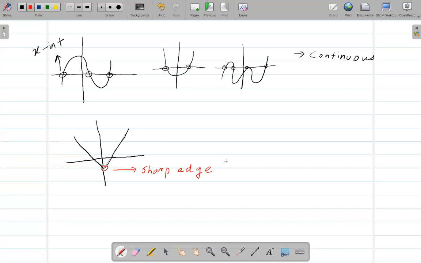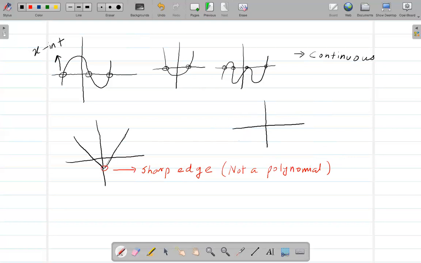So in this case, it's not a polynomial. As I said, a polynomial must be continuous, but even though this function is continuous, it is not a polynomial because it has a sharp edge.